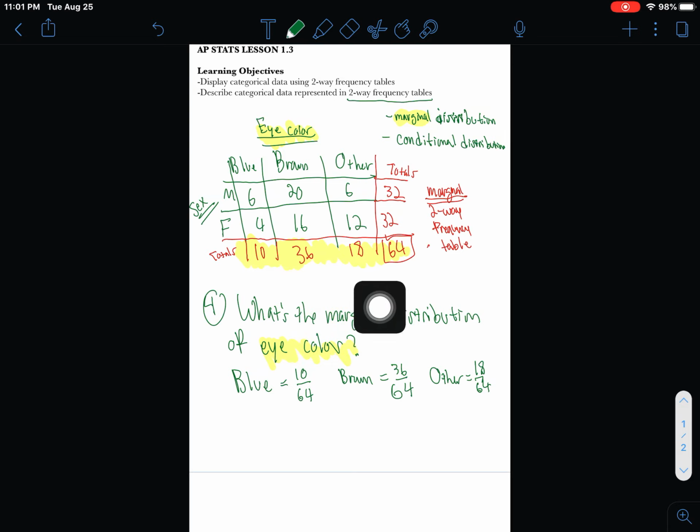So think about marginal distribution. You're either going to be looking at the totals on the bottom or the totals on the side, depending on what the question asked you. So I'm not going to write this question down, but think of this. If I had replaced eye color with sex, so what's the marginal distribution of sex? We would say males were 32 out of 64. Females were 32 out of 64.